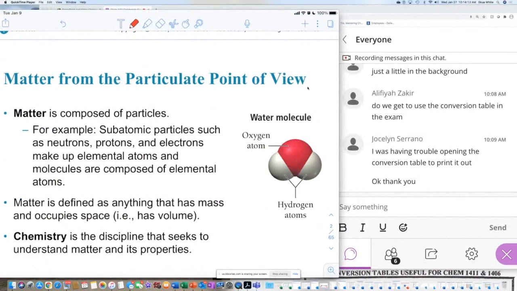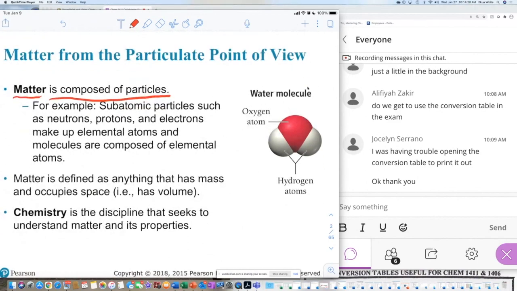Okay. And so we're told here matter, everything around us is classified as matter. Matter is composed of particles, and these particles are usually atoms. So we have matter being made up of particles, and we'll talk about the atoms later on.